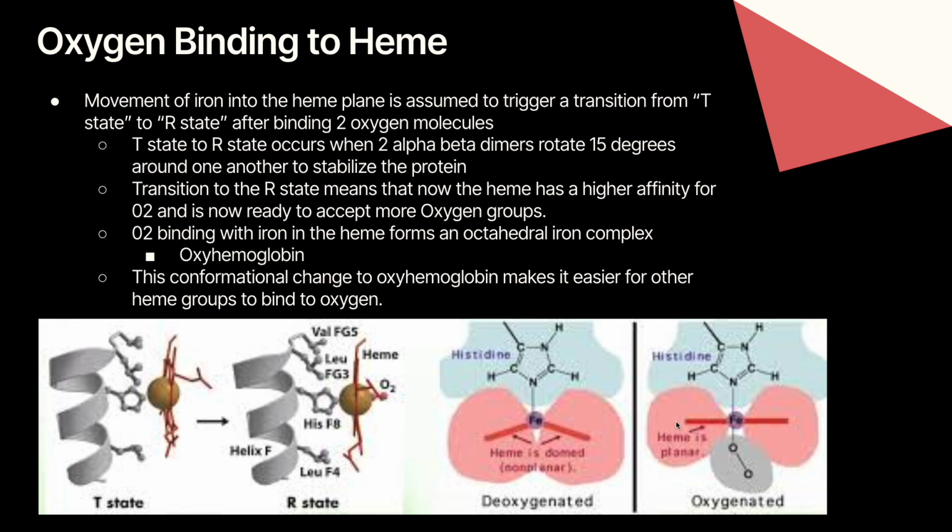So, again, this R state that we're now in means that heme has a higher affinity for oxygen and can accept more oxygen groups. And this is going to form an octahedral iron complex. And then again, this is our oxyhemoglobin state. This conformational change makes it easier for other heme groups to bind oxygen, as we mentioned.